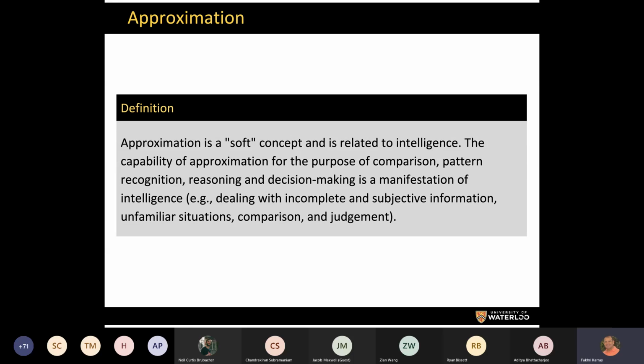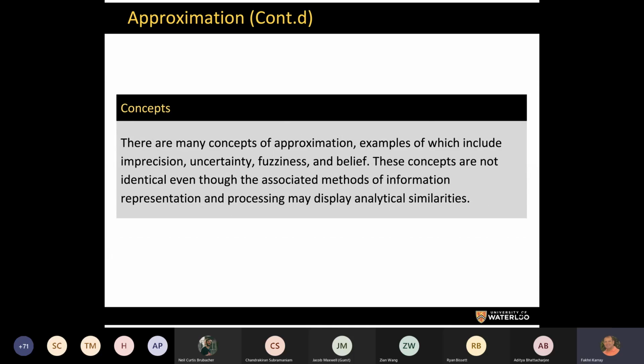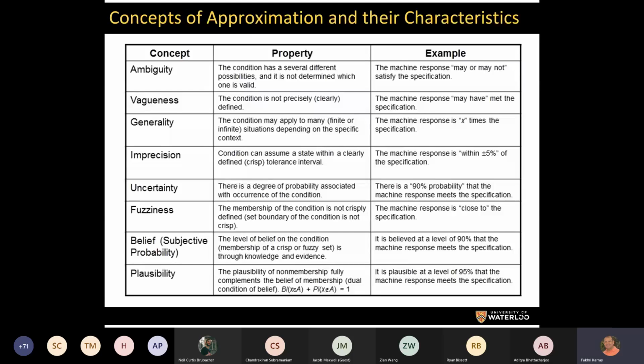So there are approximation challenges for where we say that the system has a good judgment or bad judgment, or is doing good classification. And to do that, we are going to talk about performance measures of this particular type of system. And this is going to be also a component that we are going to see in this course. So let me end here with these concepts that are in the field of approximation.